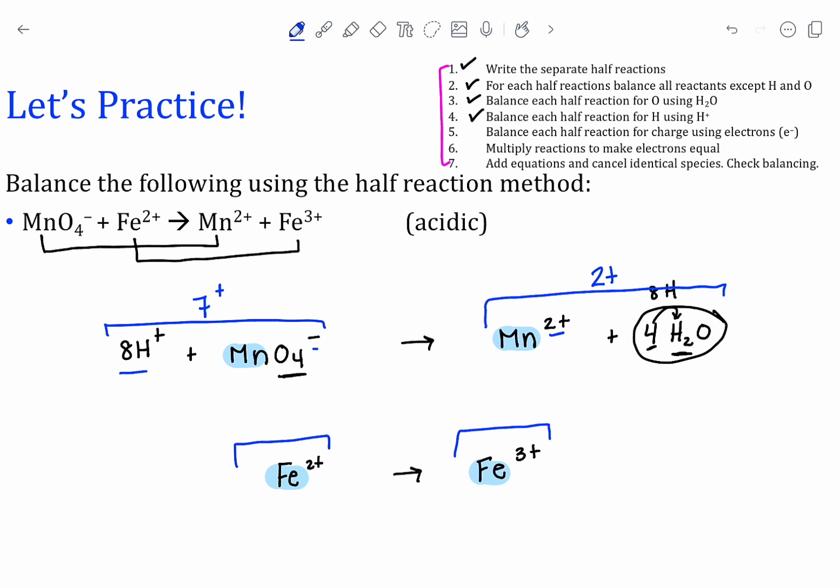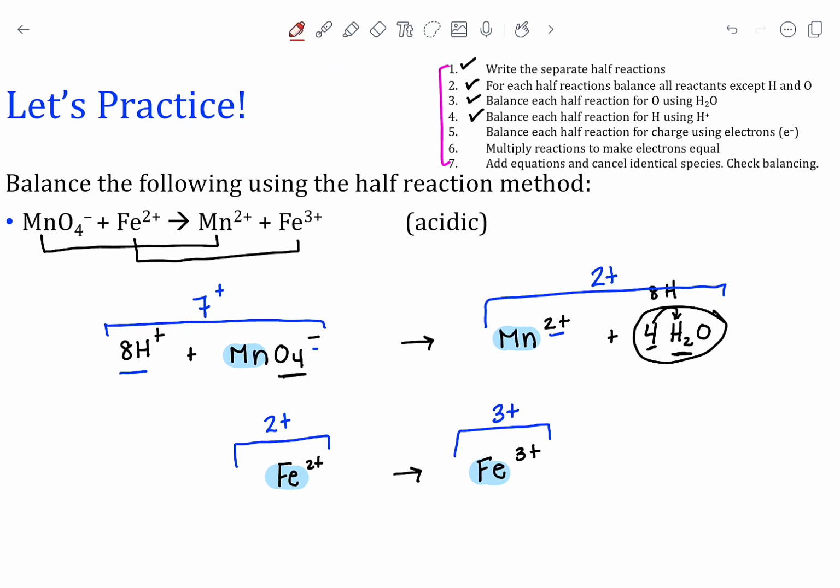In my other half reaction, I have a charge of 2 plus and a charge of 3 plus coming from each of those ions. Okay, so now that we've taken stock of what the charge is on either side, we can start adding electrons to balance it out.